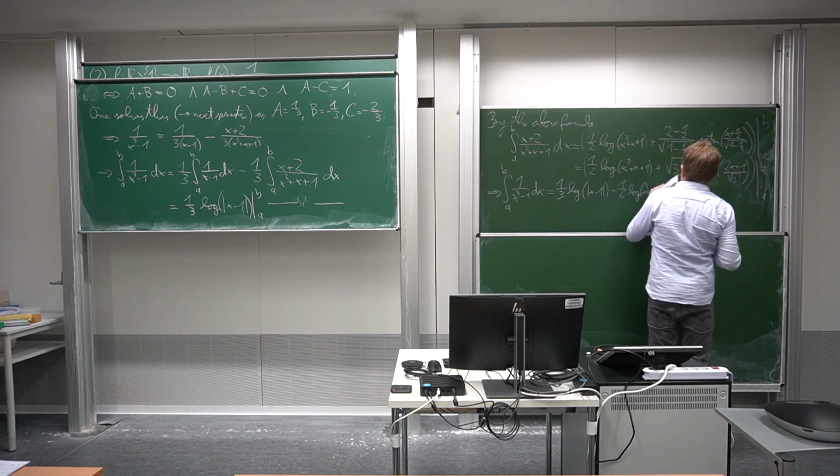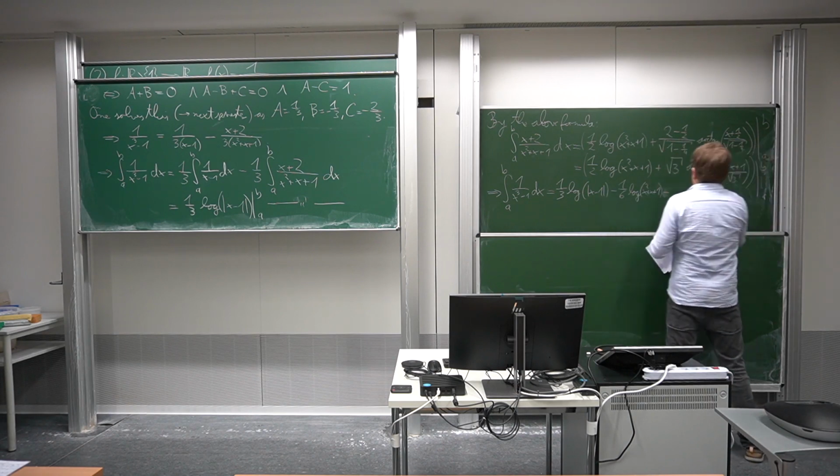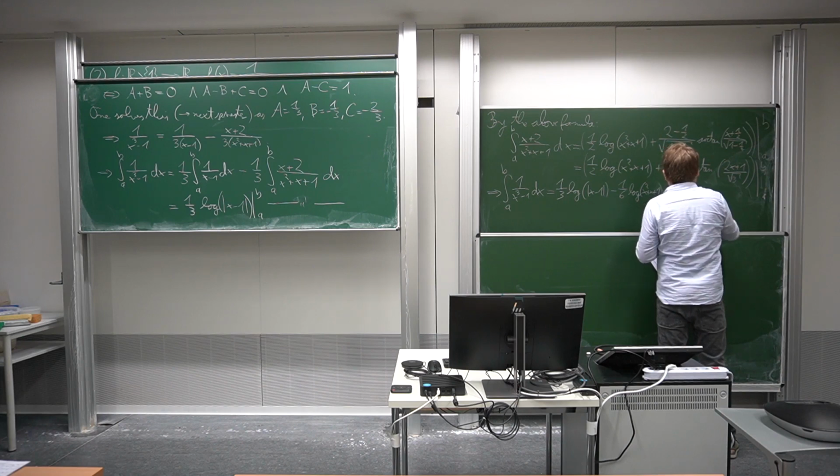And here we get square root of 3 divided by 3, which is 1 over the square root of 3.